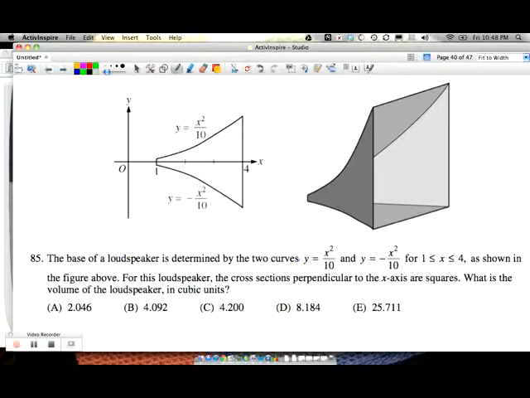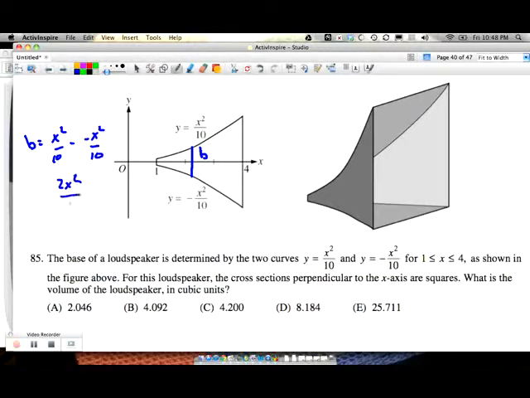Alright, what do we got here? The base of a loudspeaker is determined by two curves, as shown in the figure above. For this loudspeaker, the cross sections perpendicular to the x-axis are squares. Find the volume of the loudspeaker in cubic units. Well, if we're trying to find a square, the base of each of these squares right here, this is our b, and our b is equal to the difference between those, which is x squared over 10 minus negative x squared over 10.